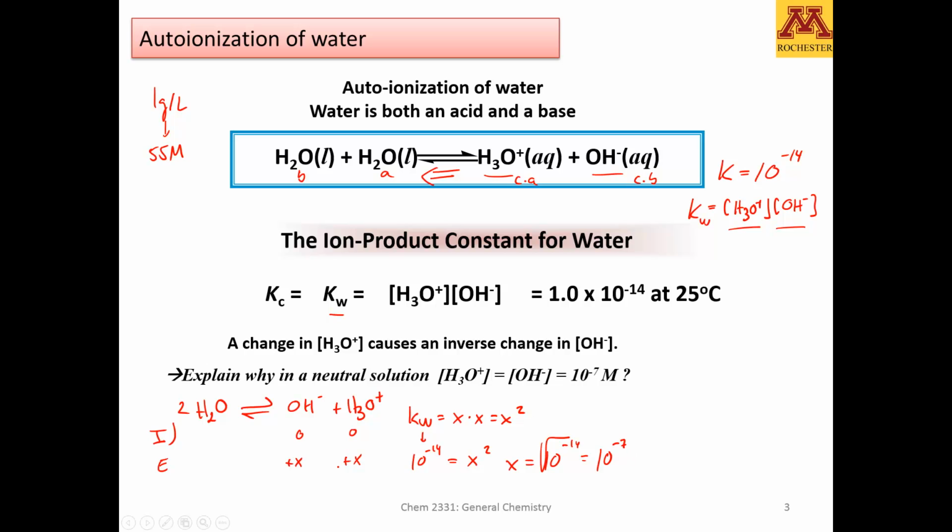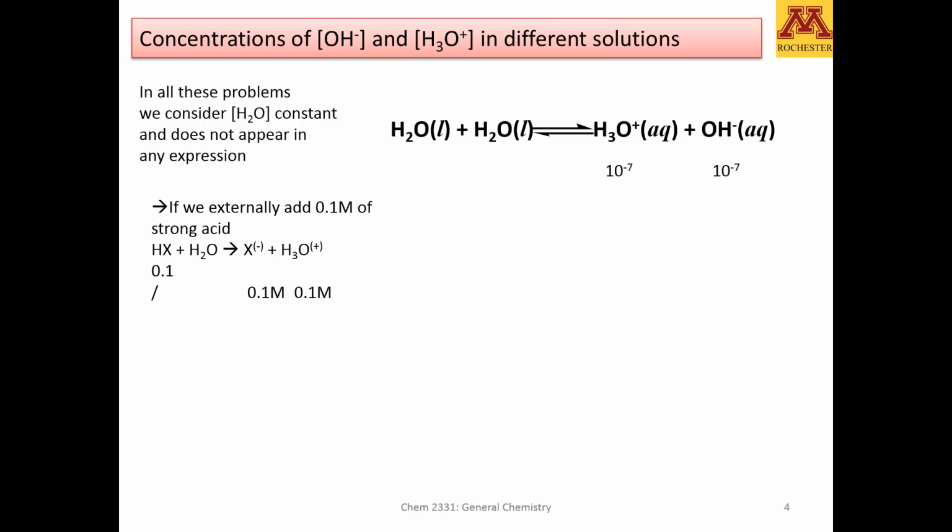So there you go. This is why in pure water the concentration of hydronium is 10 to the negative 7 molar, and the concentration of hydroxide is 10 to the negative 7 molar. This will change, however, when we add other substances, because this constant needs to hold true. This constant needs to still be 10 to the negative 14. So let's see some examples.